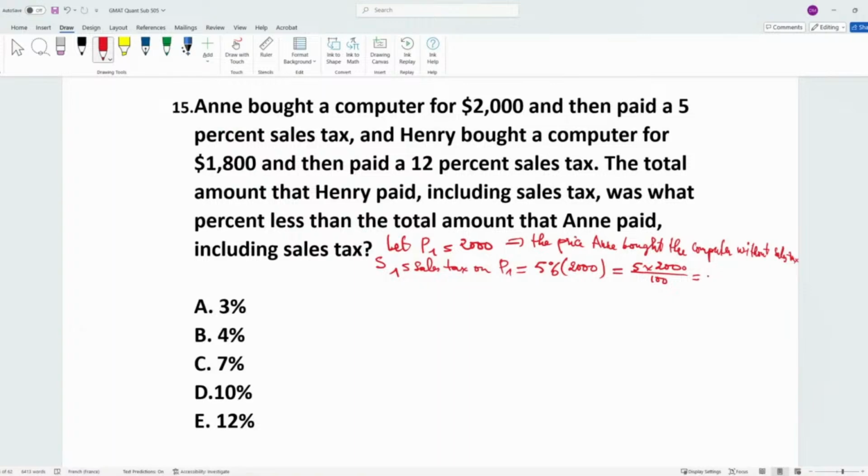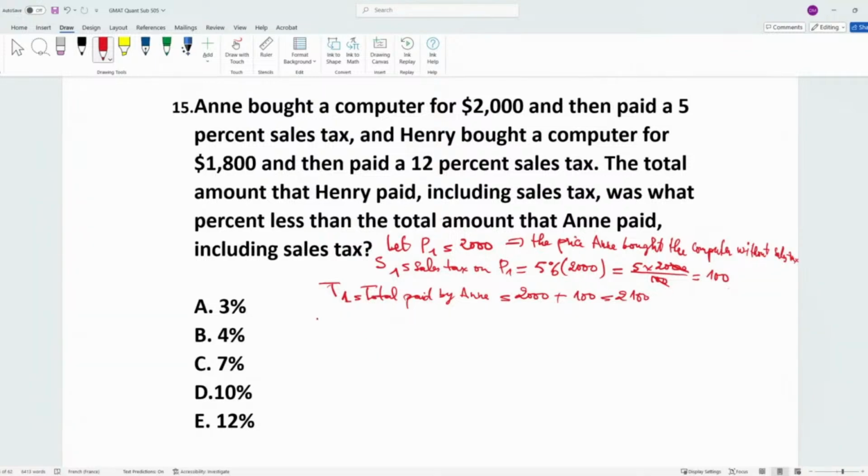This will give us 100, because we remain with 5 times 20. And we can say that the total T1 paid by Anne is equal to 2,000 plus the sales tax, which is 100, then 2,100.